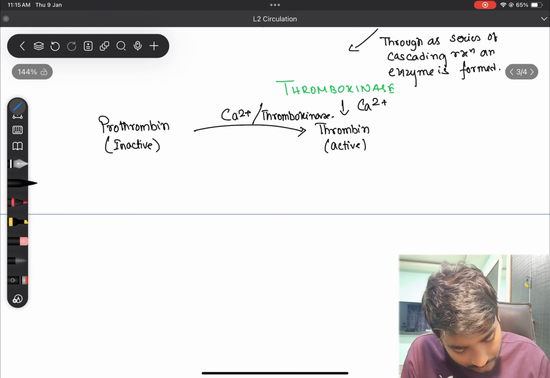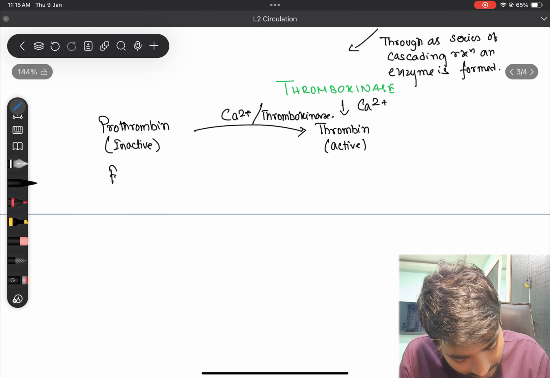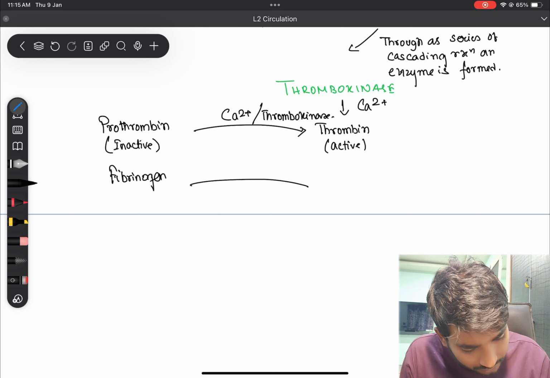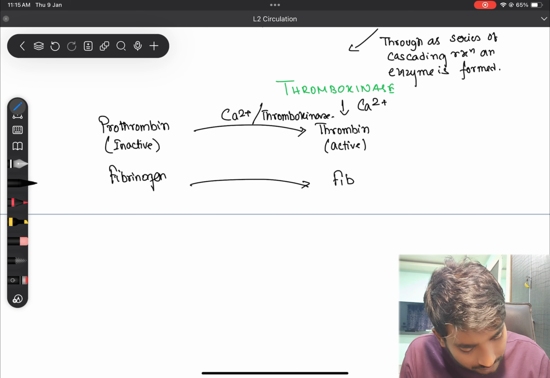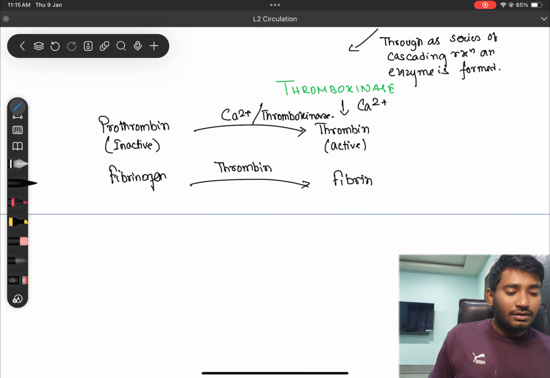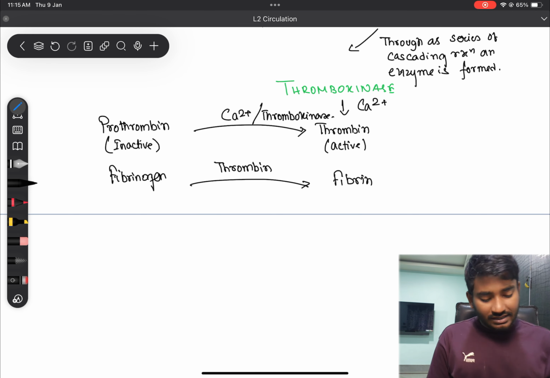Now fibrinogen converts to fibrin. We require thrombin. It clots the blood. Okay, the thrombin clots the blood.